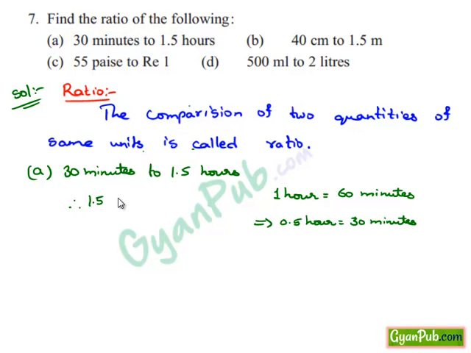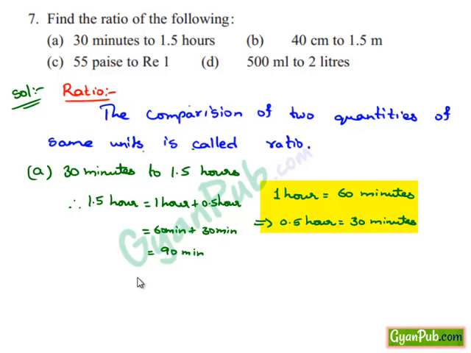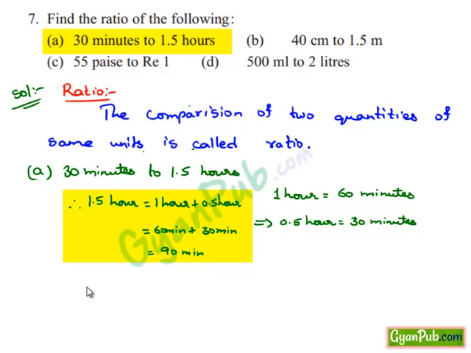Therefore, 1.5 hour is equal to 1 hour plus 0.5 hour, which gives 60 minutes plus 30 minutes. This implies 90 minutes. Now the two quantities are in same units. Therefore, we can find the ratio.